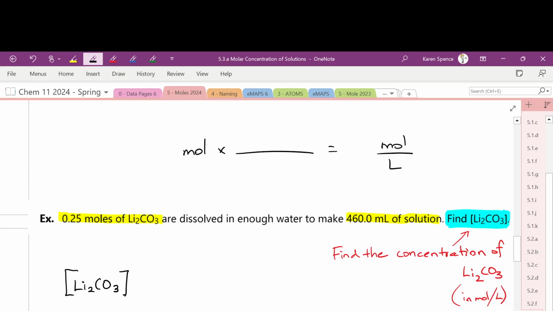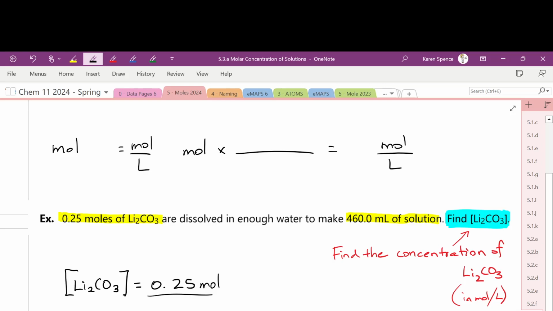What do I want to do if I'm starting with moles and I want to end up with moles over liters? It's easier than you think. I just take the moles and I divide by the liters. So I take my 0.25 moles and we divide by, and it has to be liters, so we have 460.00.